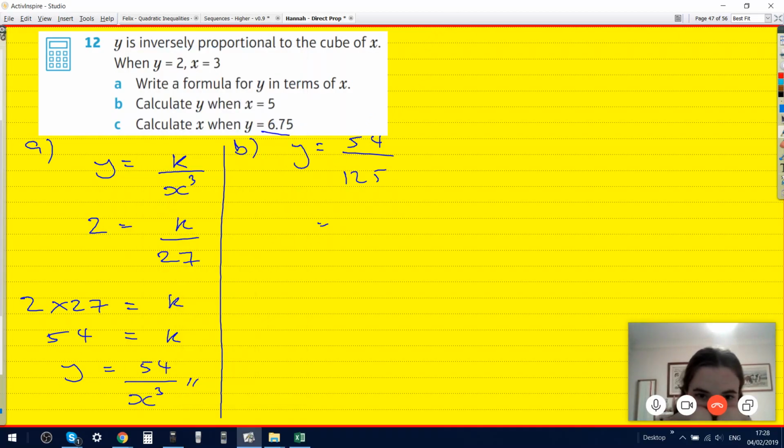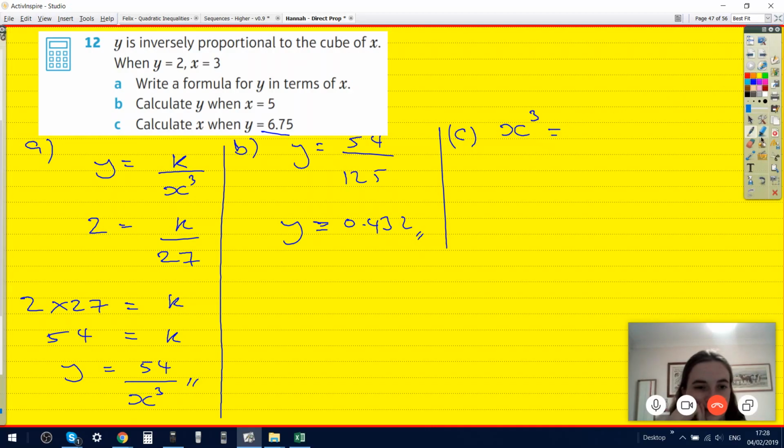So they have decimals here, so I'll use decimals. 0.432. Okay, part C. X cubed equals k times y. No. So what would you get if you did it one step at a time?